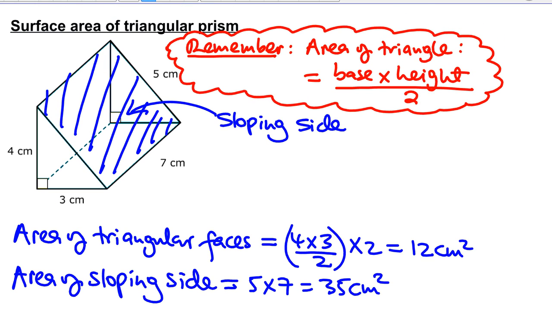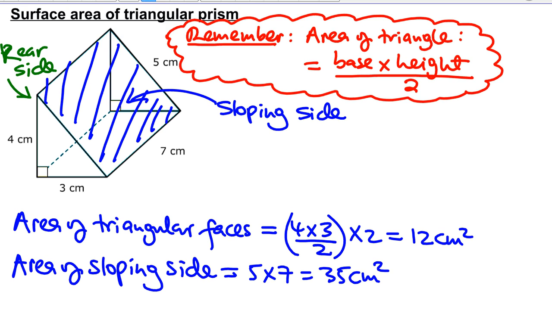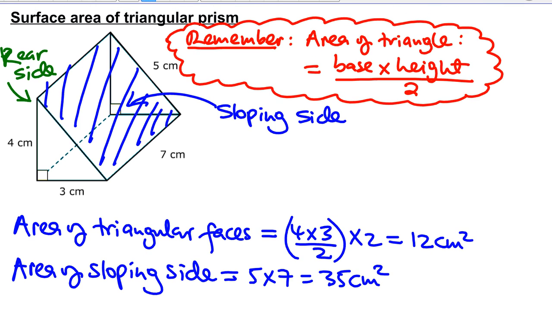The next face that I'm going to look at is this side here, the one that's hidden. Let's call it the rear side. Now the rear side is just a rectangle, which is 7 by 4. So this is 7 centimeters by 4 centimeters.